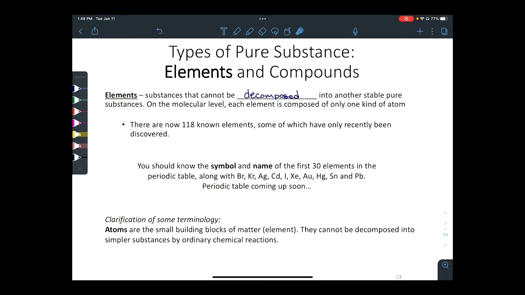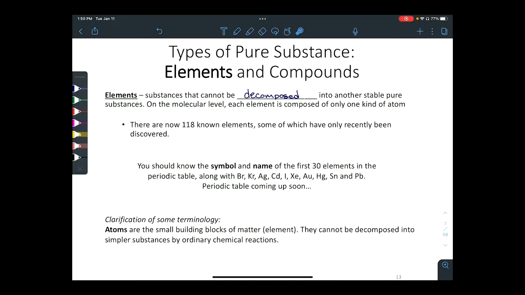Just some clarification of terminology. I say the periodic table of elements; these are the elements. But sometimes I throw around the words element and atom. An atom is the simplest unit of an element. If I go back to my gold example and keep splitting that bar of gold until I have a single gold atom, that is what an atom is: an atom of a single element such as gold.